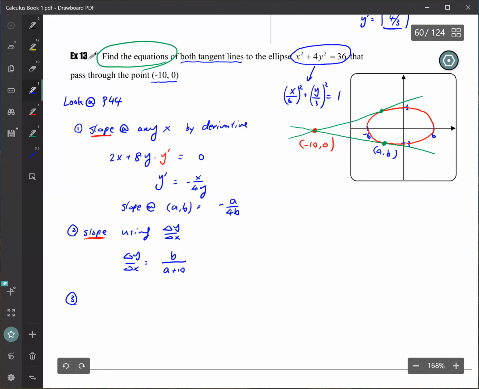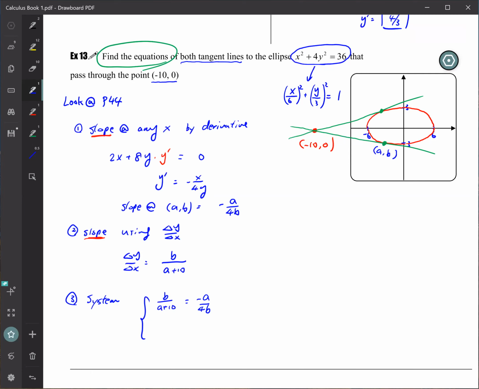So next part, we need to solve the system. System means you get the two equations, right? So the first equation is b over a plus 10 equals negative a over 4b, right? The two slopes equal each other. The other one is the tricky part, okay? I still remember it was Carrie who told us to sub in the point.